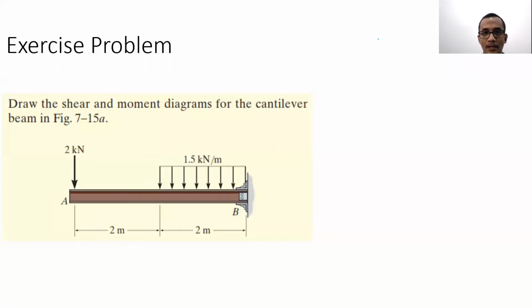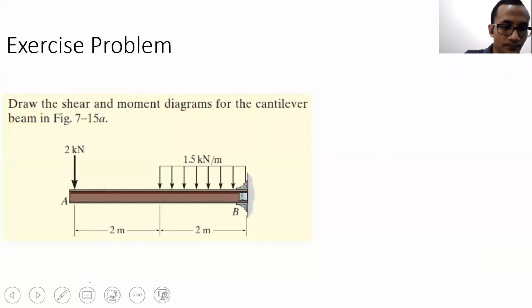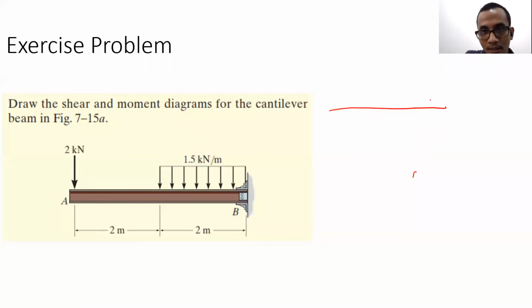Yes, sir. Okay. Now, if we draw the free body diagram, it most likely becomes like this, right? There is a 2 kilonewton force here, and there is a distributed force here.